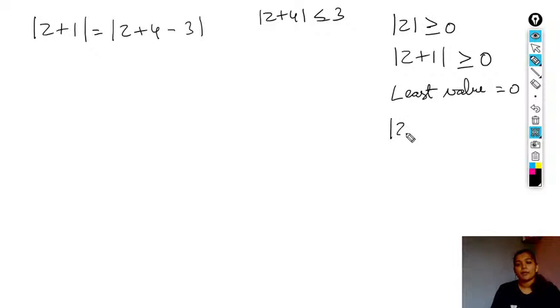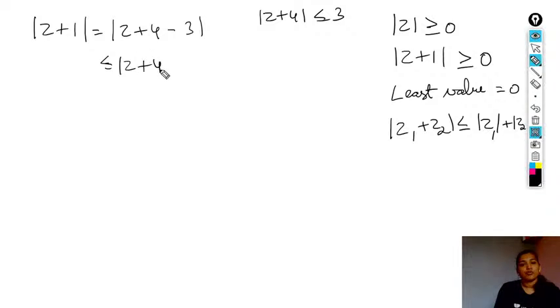So we have this property: modulus of z1 plus z2 is less than or equal to modulus of z1 plus modulus of z2. So we will take this as modulus of z plus 4 plus modulus of minus 3. We have modulus of z plus 4 less than or equal to 3, and modulus of minus 3 will also be 3.